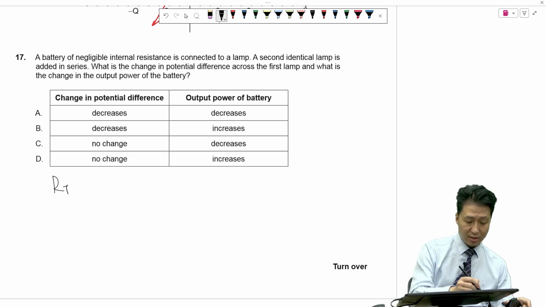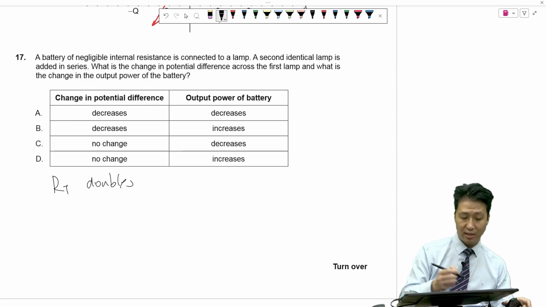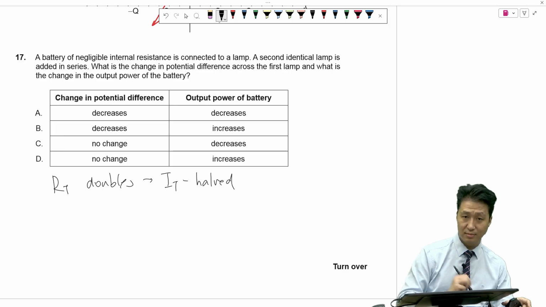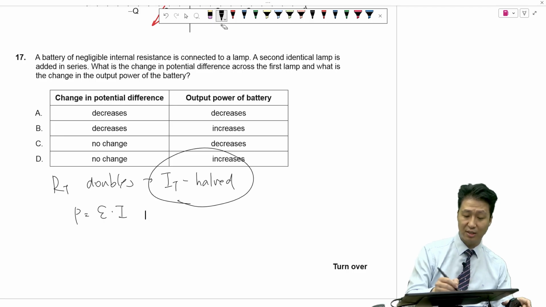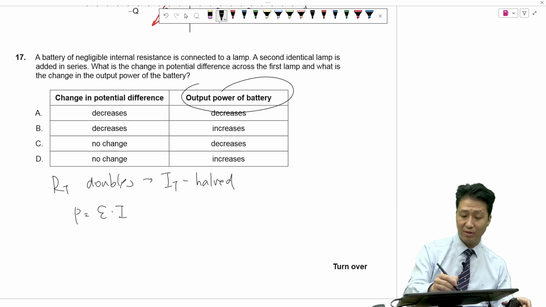The total resistance doubles. Next, if the total resistance doubles, the total current is halved. And finally, the power is equal to the voltage, in this case the total voltage, the EMF, times the current. The current is halved, so the output power of the battery decreases.